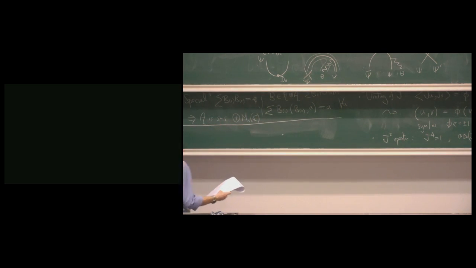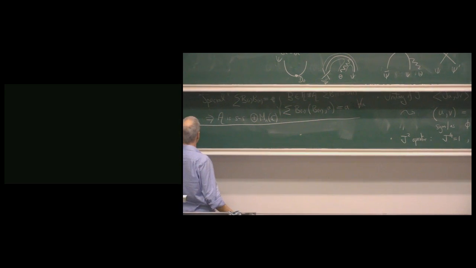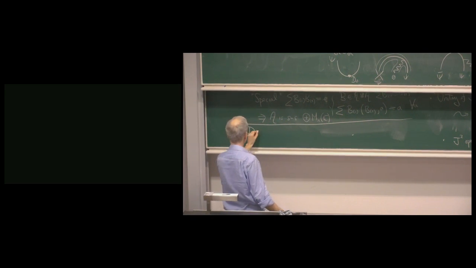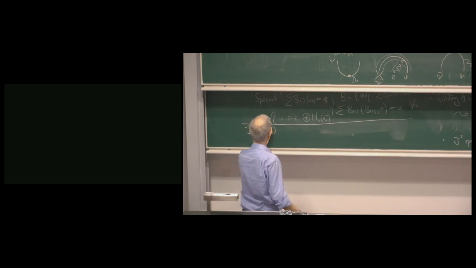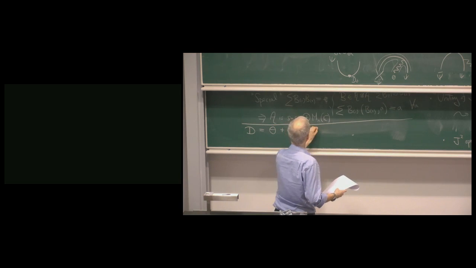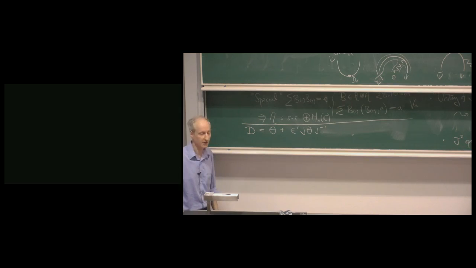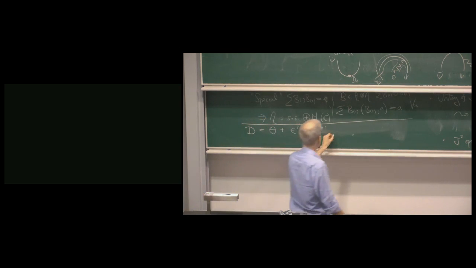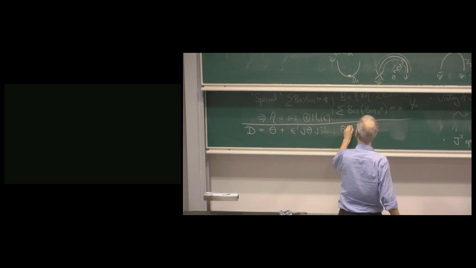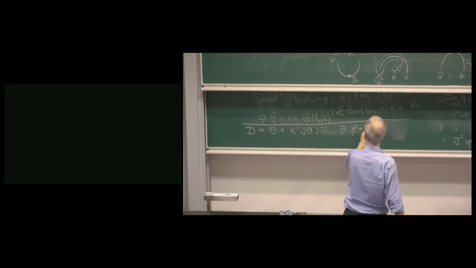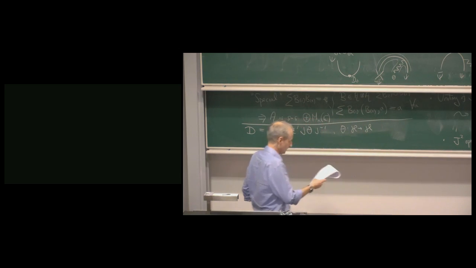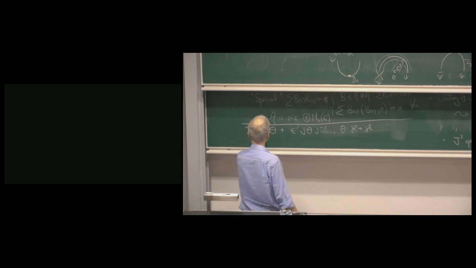And the next ingredient, or the final ingredient, is there's a decomposition. You can always write D as an operator plus its conjugate. And again, this is special to finite dimensions. There's a decomposition like this, where theta maps the Hilbert space to itself, and it commutes with the right action.